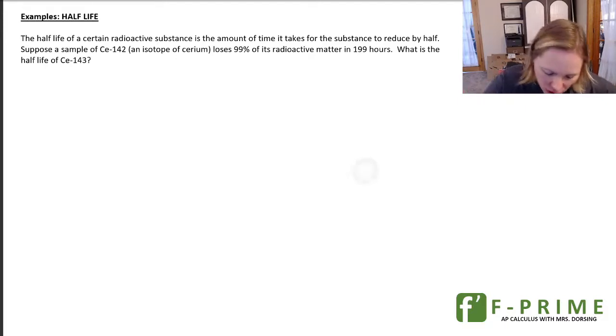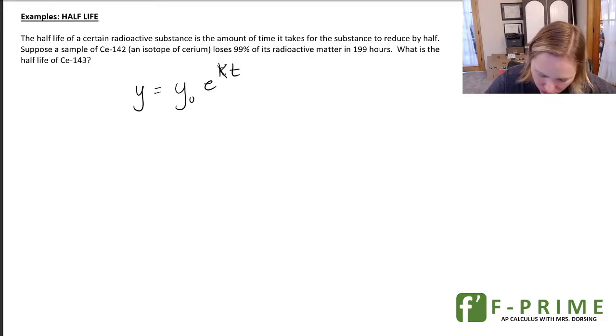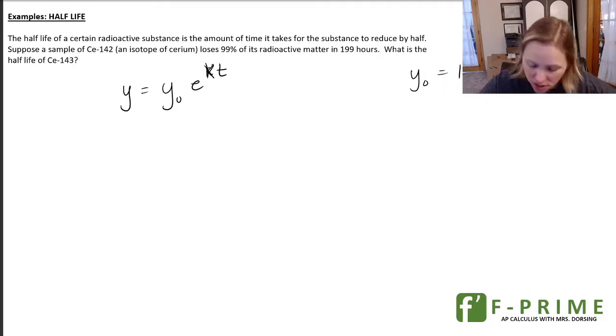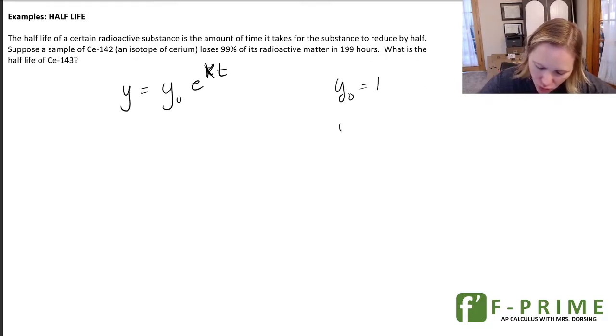So we are going to use this equation, and we know that y equals the beginning amount, e to the kt. Okay, so we know that if we start with 100%, so let's let y naught be 1 for 100%, and let's let y be 0.01.